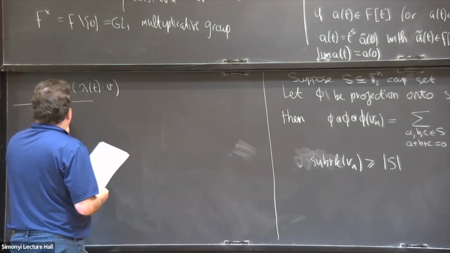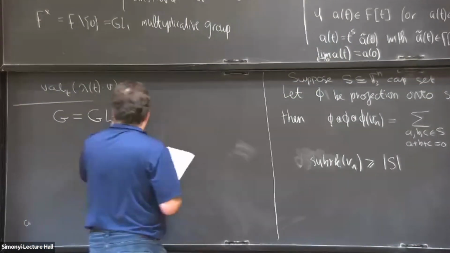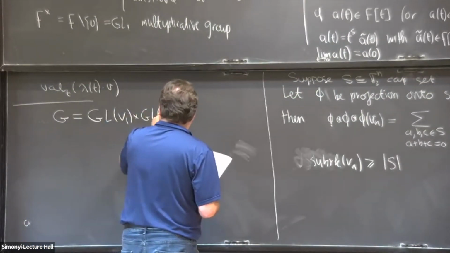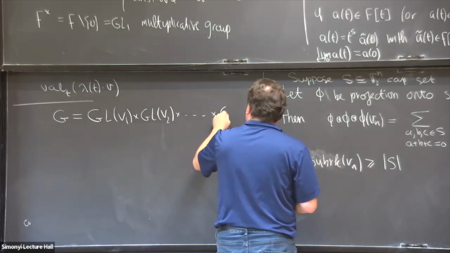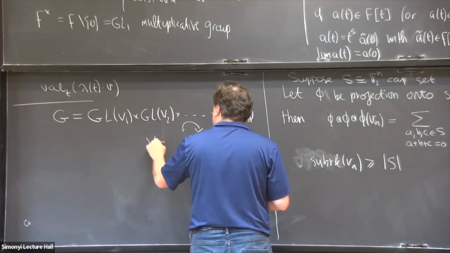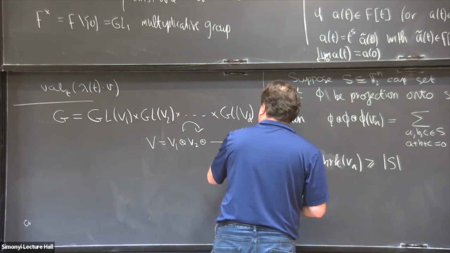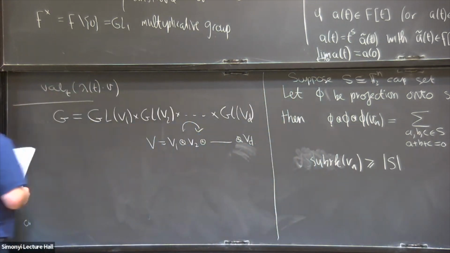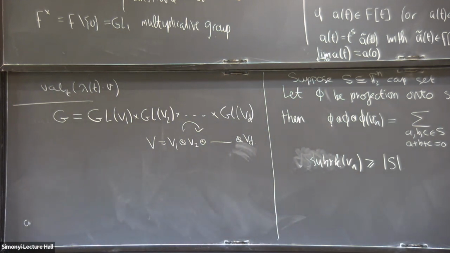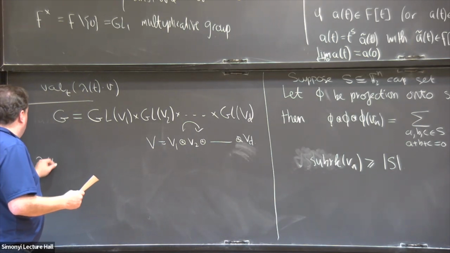So in our situation, we're going to take G to be a very special group. We take this group, just the product of GLs, acting on V, which is the tensor product. So we're wondering about stability inside this tensor product space. Now I need to introduce one more thing.